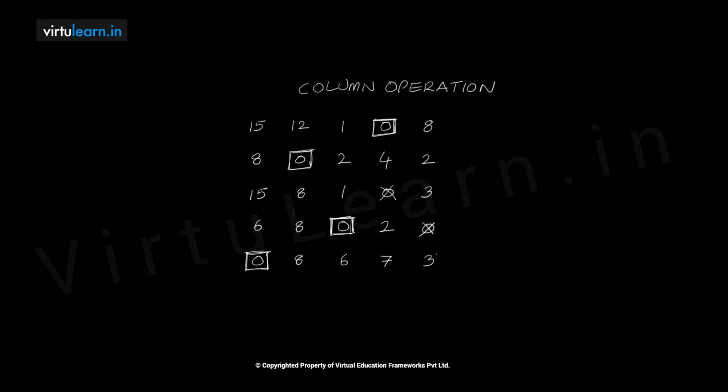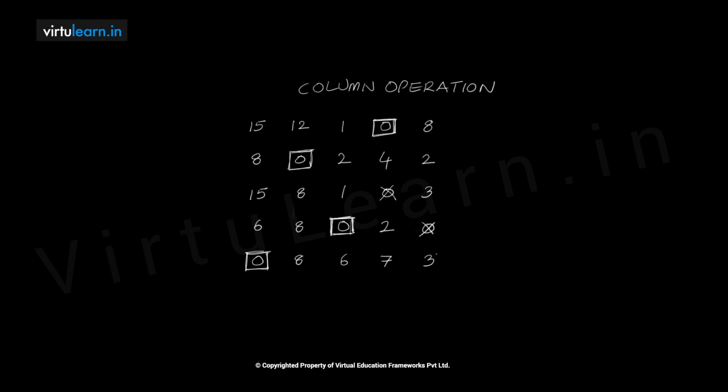So we have to proceed as usual: we take the same table and draw lines such that they strike off all the zeros. But the number of lines drawn should be as minimum as possible, and we should never draw lines such that all the rows and columns are struck off. Because if all the rows and columns are struck off, then there are no elements left for making allocation.